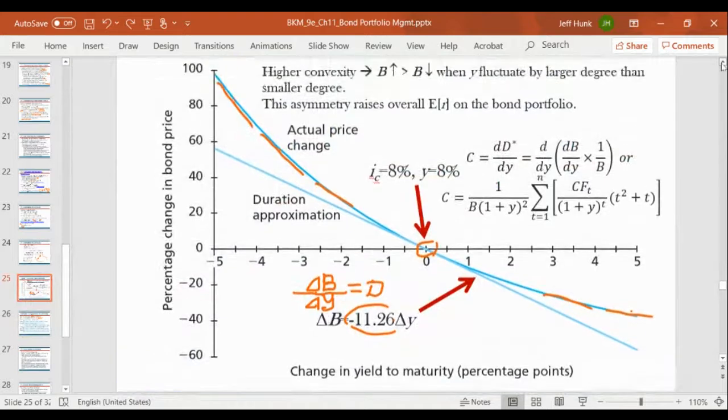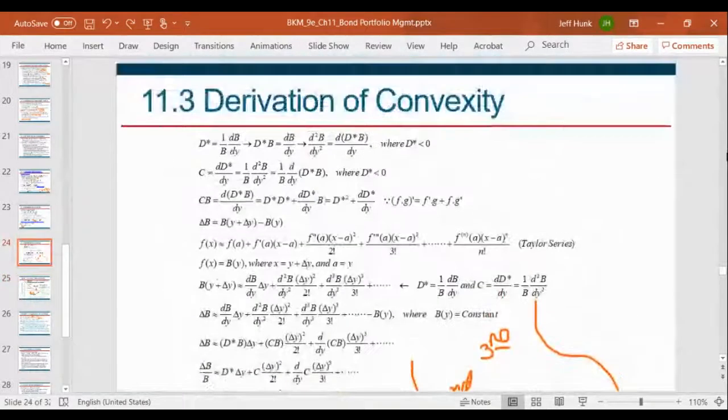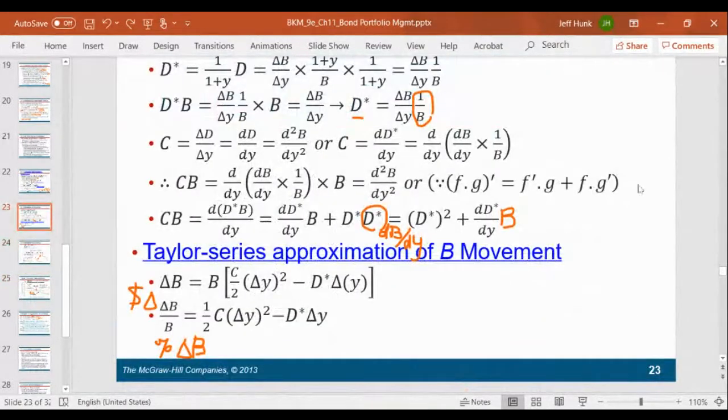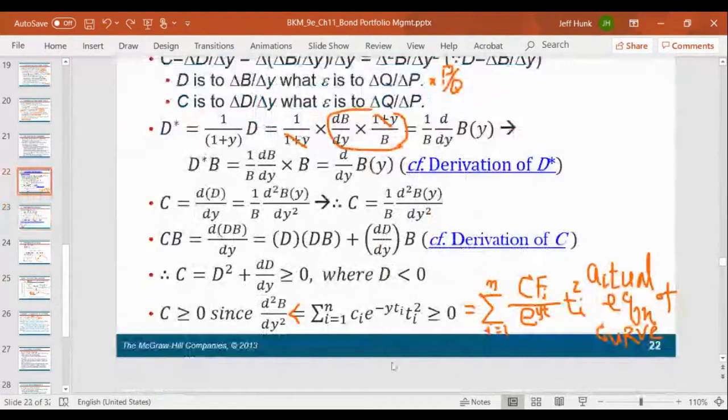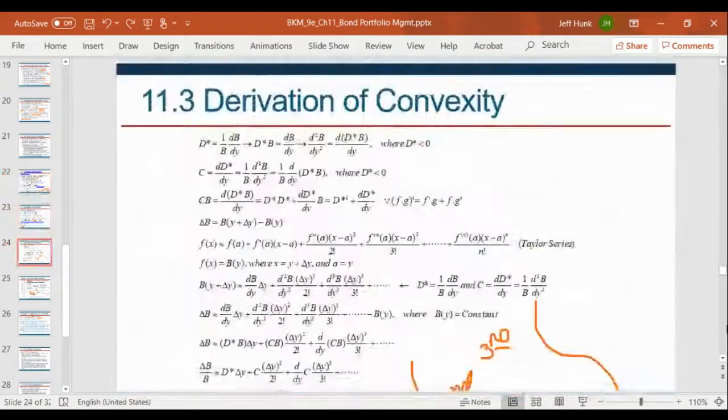So here, of course, is another formula, which is a lot easier, but again, it's the same concept as that.